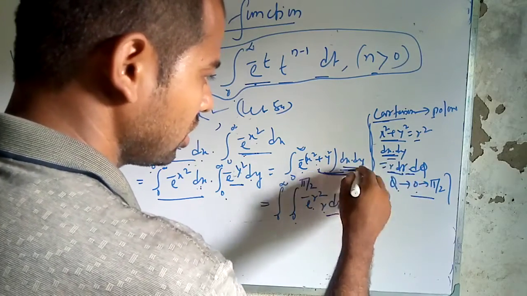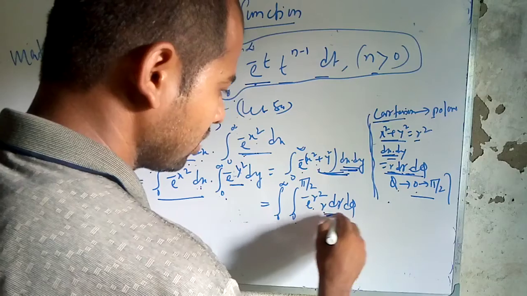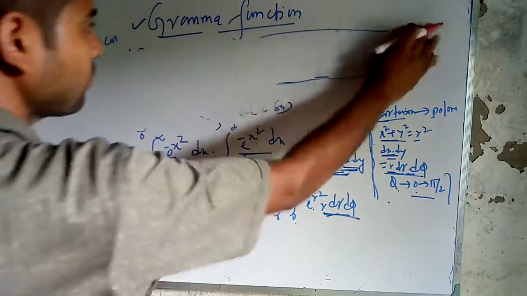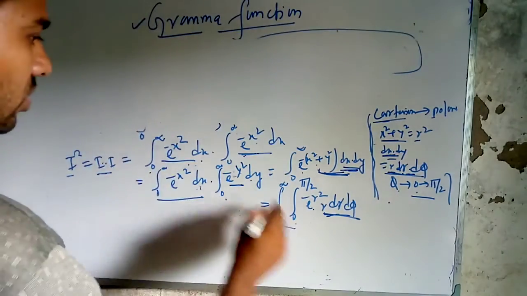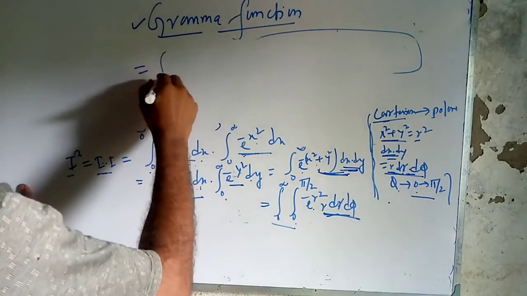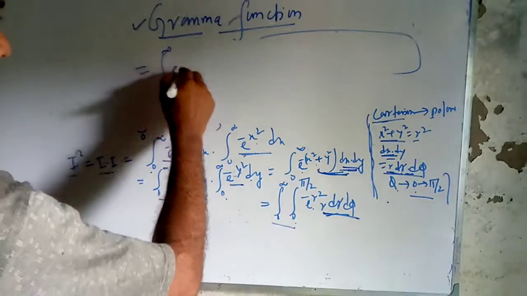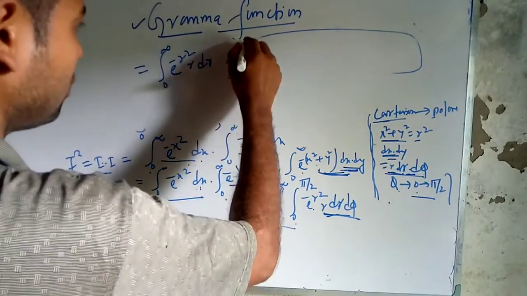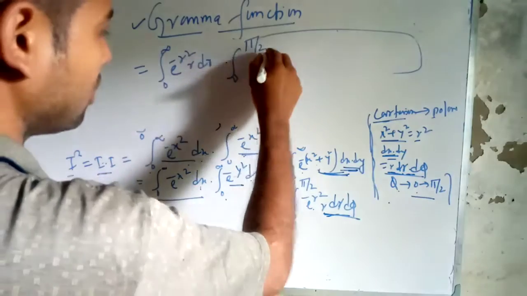In dx dy we put this value, r dr d phi. If we integrate, we calculate the integral from 0 to infinity of e to the minus r square, r dr, times the integral from 0 to pi by 2 of d phi.